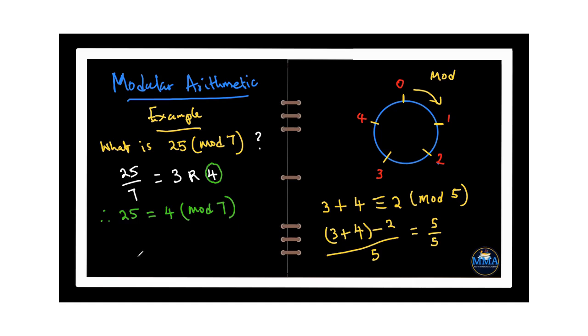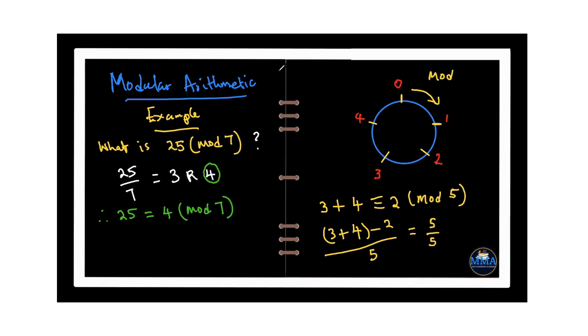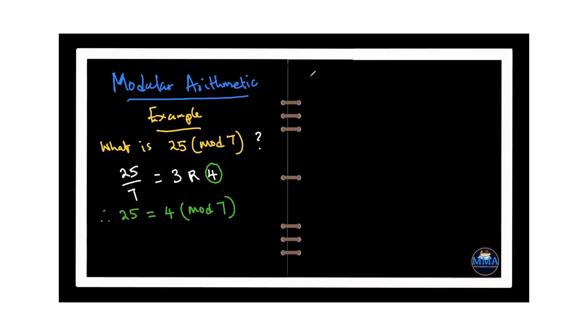Now, let's look at another example. What if we are asked to find what minus 32 will be in mode 9?